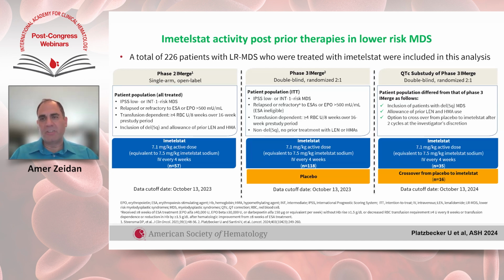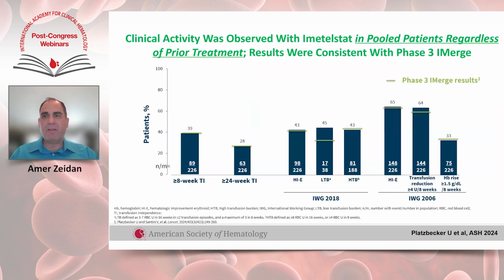And there was an open question: what is the activity of imetelstat after luspatercept, since luspatercept now is used as a first-line agent, as well as other agents? What is the activity of imetelstat after hypomethylating agents, after lenalidomide, because all of those patients were excluded from the original phase 3 trial?